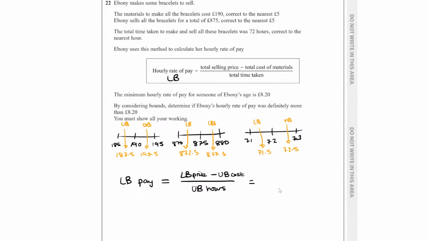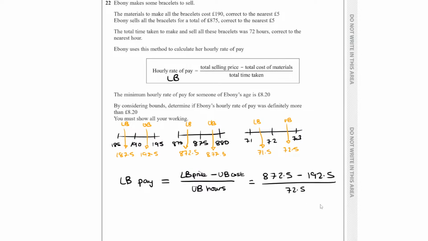And then all I need to do is input those, right? So lower bound of the price, I think we got it the wrong way around, haven't we? So the lower bound of the price is 872.5, and then the upper bound of the cost, 192.5, over the upper bound of the hours. That's what I would type in. I don't know if that's what you'd said, Sean.